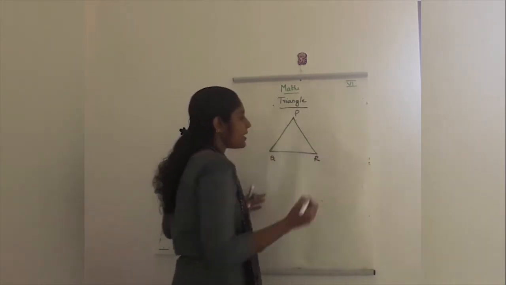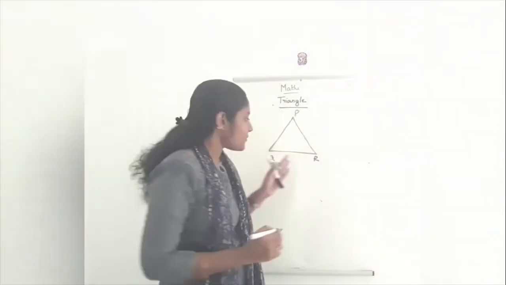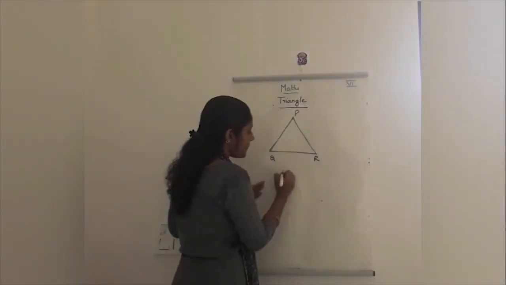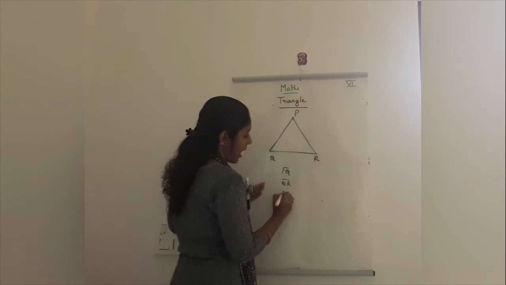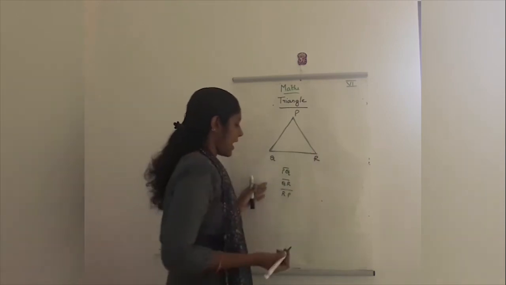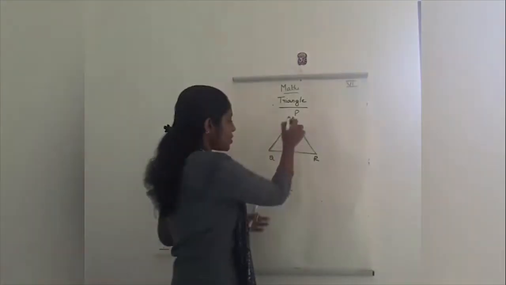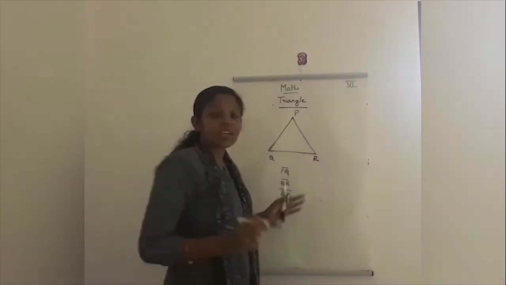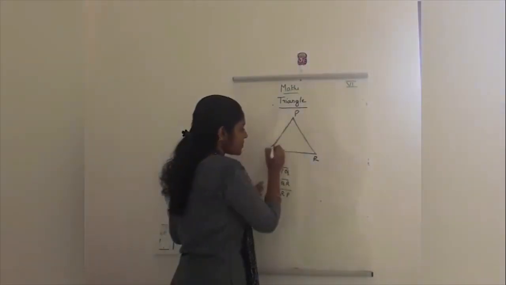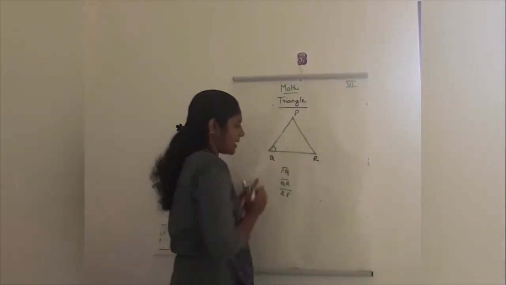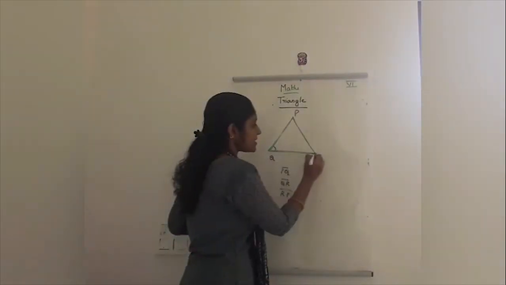So when you label or when you name the sides of a triangle, you can name it as PQ is one side, QR is another side, RP is another side. Okay, so PQ, QR and RP are the 3 sides of a triangle. Same like that, a triangle has got 3 angles. So you can see this is one angle, that is Q, another angle. Same like that, this is another angle.